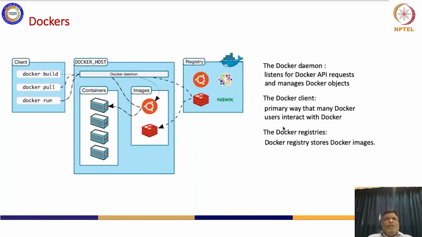So now, before we start to do some hands-on, let us try to understand whatever I showed you, okay? You have a client. This is a Docker host. The Docker host will have a lot of containers. You will have a lot of images. This is controlled by the Docker daemon. And then you have a registry from where these Dockers could be pulled.